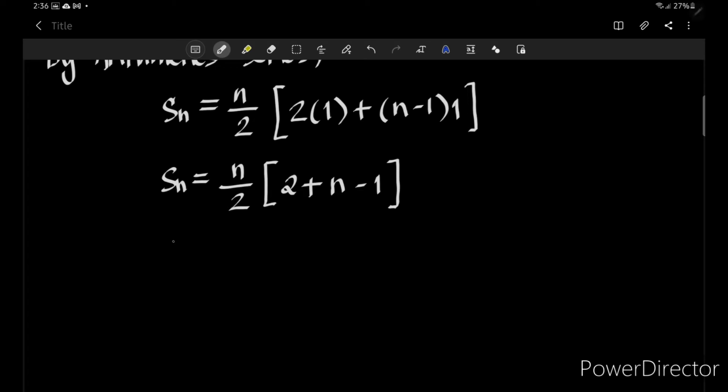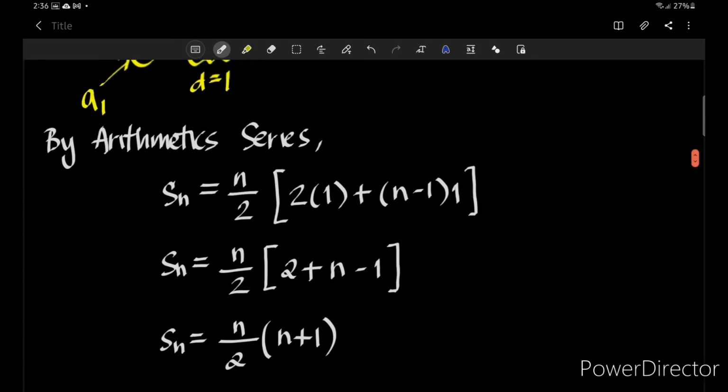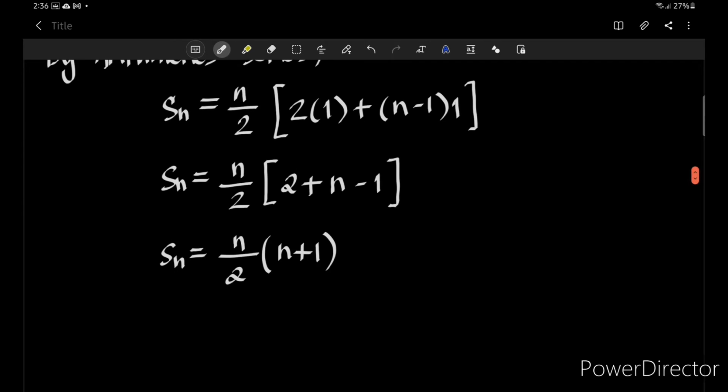So, magkaaroon tayo dito ng S sub n equals n over 2, 2 minus 1 is 1. Then, matitira yung ating variable n sa loob ng bracket or gagawin na natin siyang parenthesis. Okay. Now, the general formula para sa ganitong series ay n over 2 times the quantity of n plus 1.